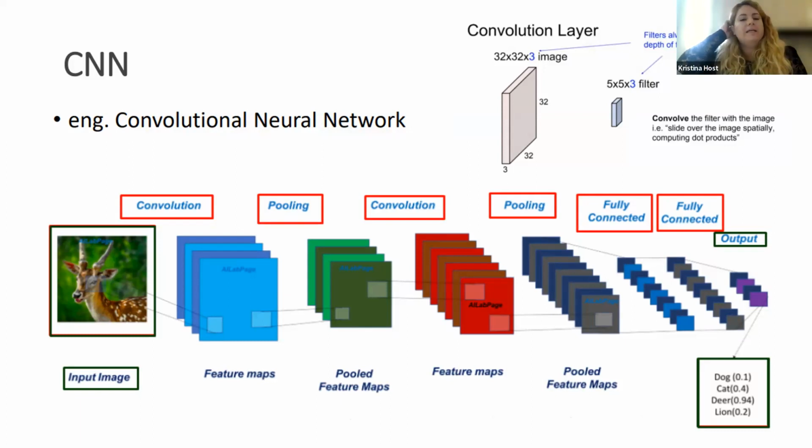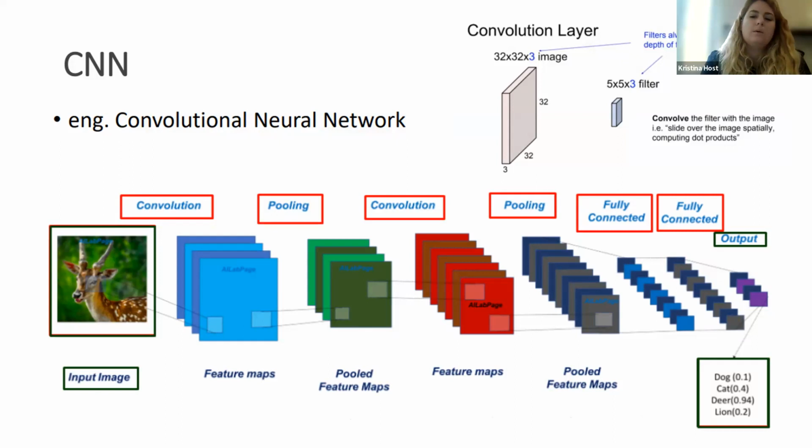So we have hidden layers that consist of convolutional, pooling, and fully connected layers. In the convolutional layers, we have filters that convolve with the image. These filters slide over the image spatially, in the x and y orientation. Filters have the same depth as the input image.